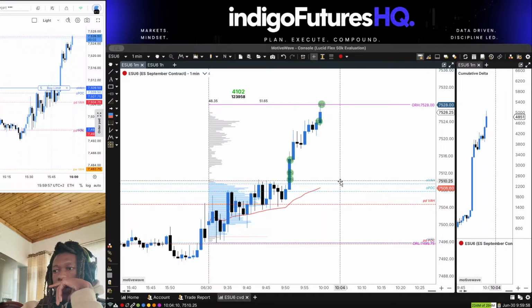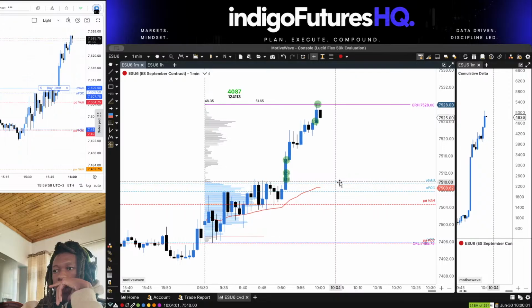510 now looks a little more like the thing. It's a developing volume profile, value area high.